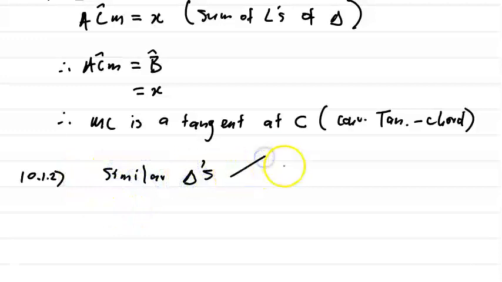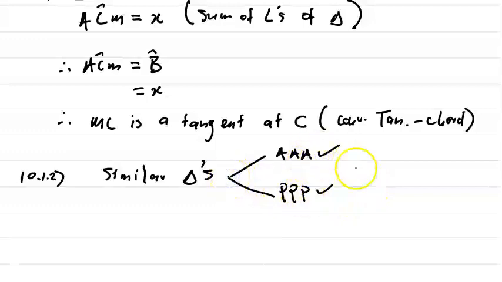You can either prove that the two triangles are equiangular, or that the two triangles have their sides in proportion. Remember, if we prove that they are equiangular, then their sides will be in proportion. If we can prove their sides are in proportion, then they will be equiangular. It's important to note that with similar triangles, these two triangles are not identical. Identical triangles are in congruency and not in similarity.